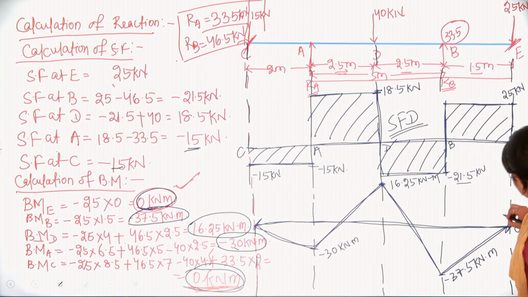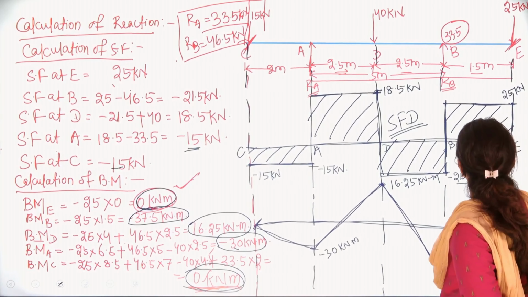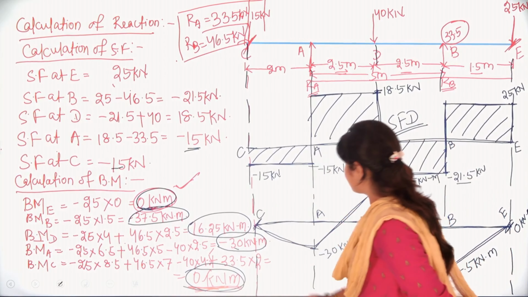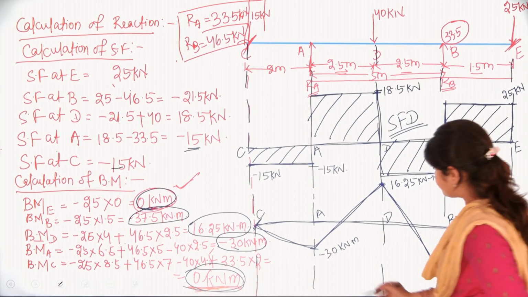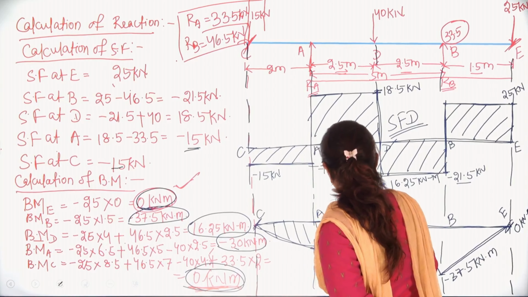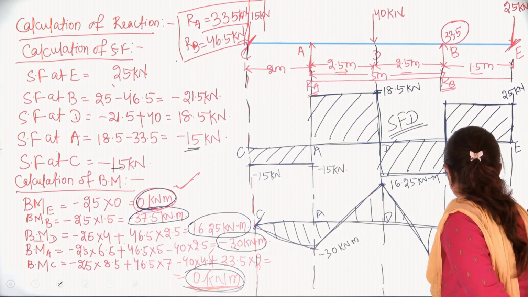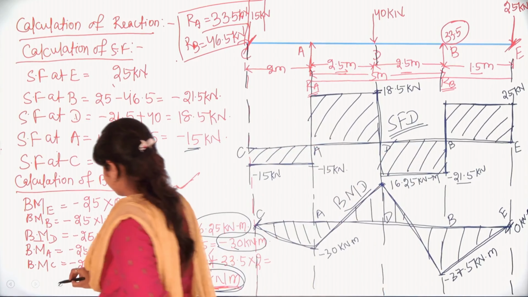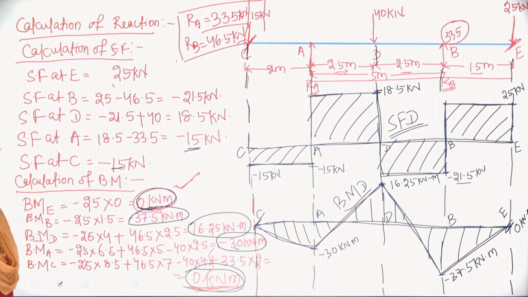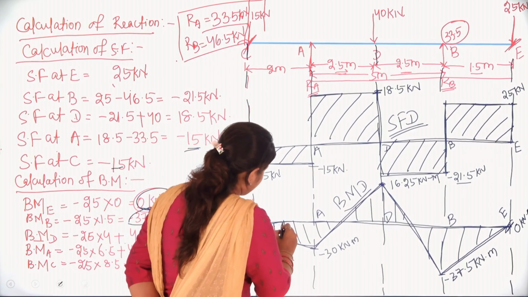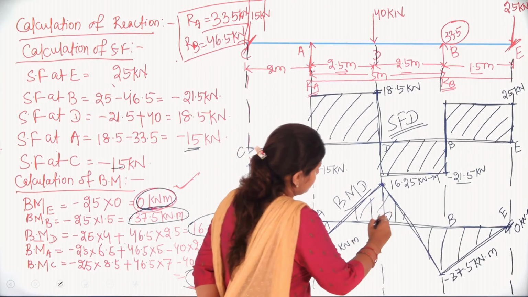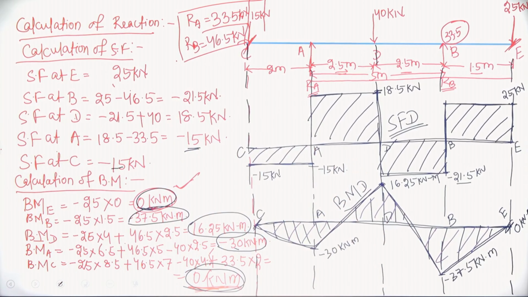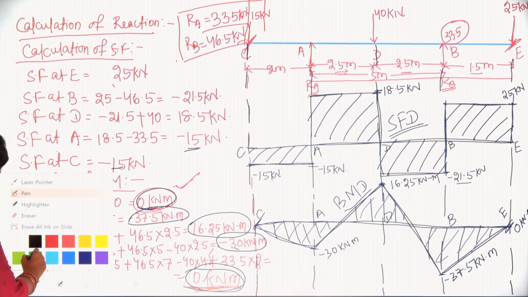Here this is your E, this is B, D, A and C. So I can say this darkened part is your bending moment diagram. This whole dark part is your bending moment diagram. Now let's change the color.